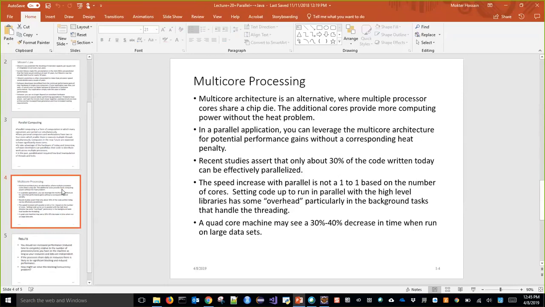So another thing is that not all programs are parallel programs. So far we discussed, until last week, only single thread programs, but in our last few classes we discussed multi-threaded programs, right?